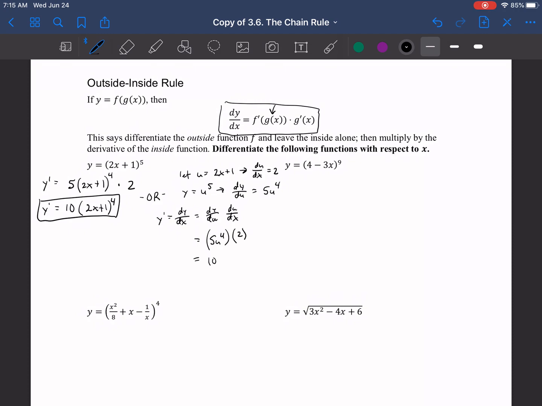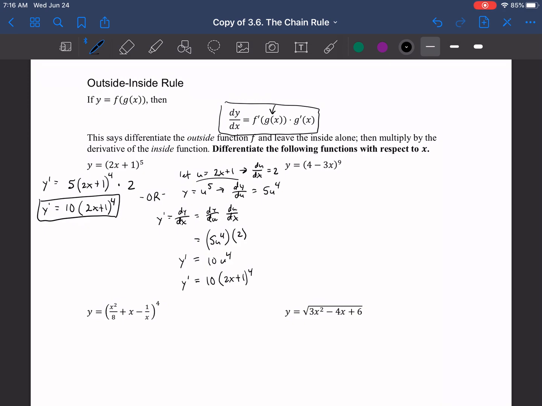This is 10u to the 4th, but we don't want to leave it as u, and u equals 2x plus 1 right there. So we substitute, and this is 10 times 2x plus 1 to the 4th. So we get the same answer, you see?